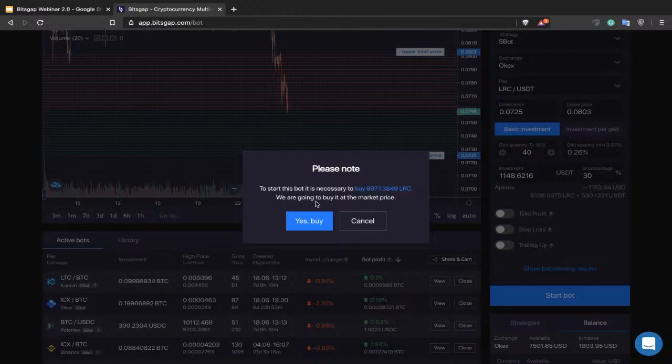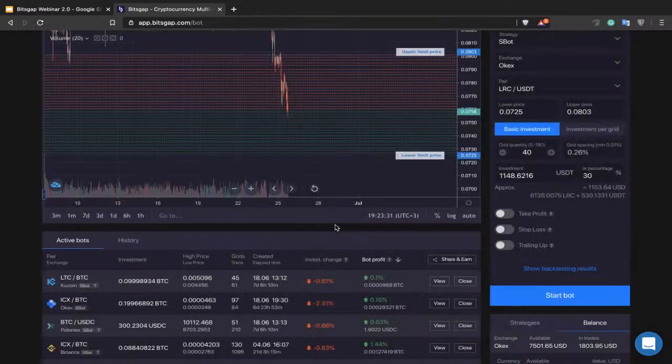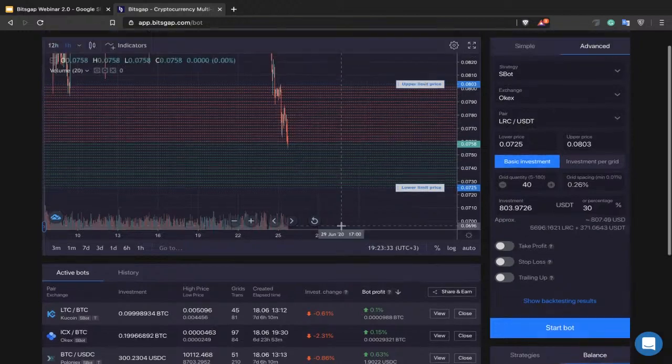So it proposes me to buy it at the market price in order to initiate the bot. And it tells me to buy more LRCs because the fee is taken into account. I click on yes, buy, and let's see what happens.